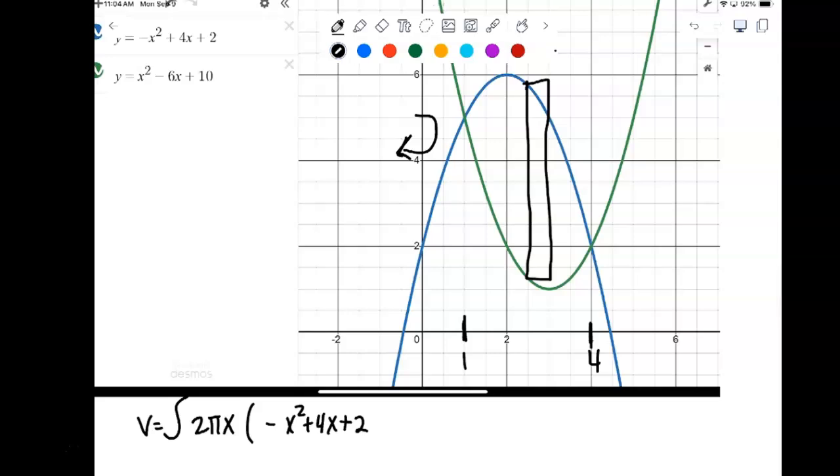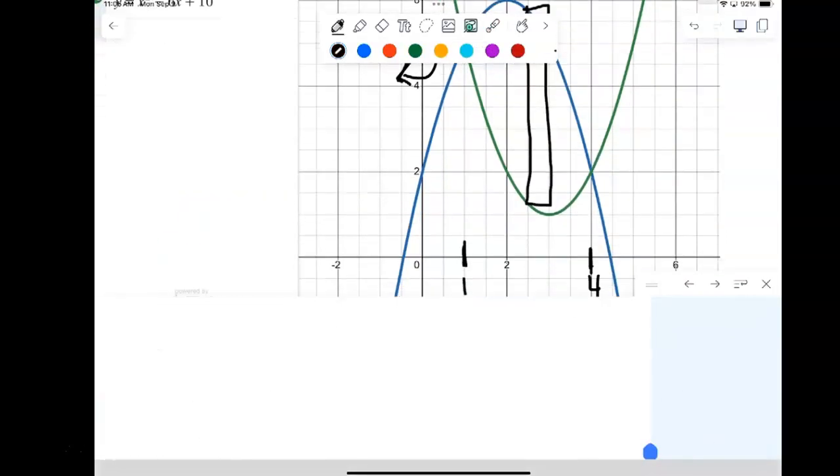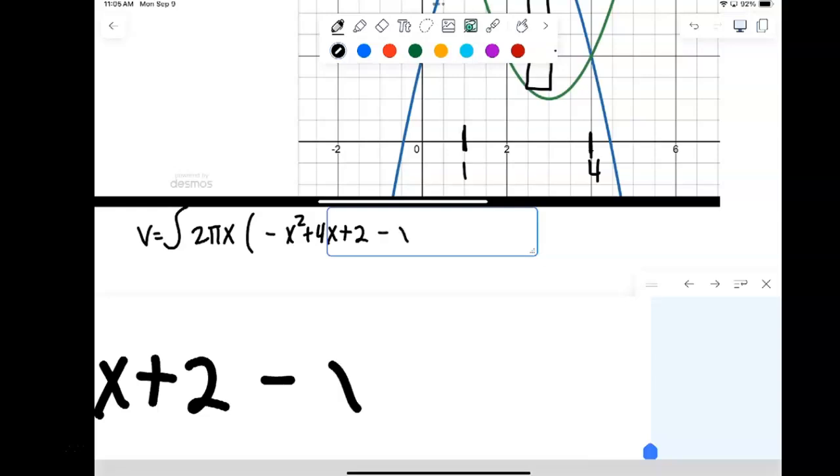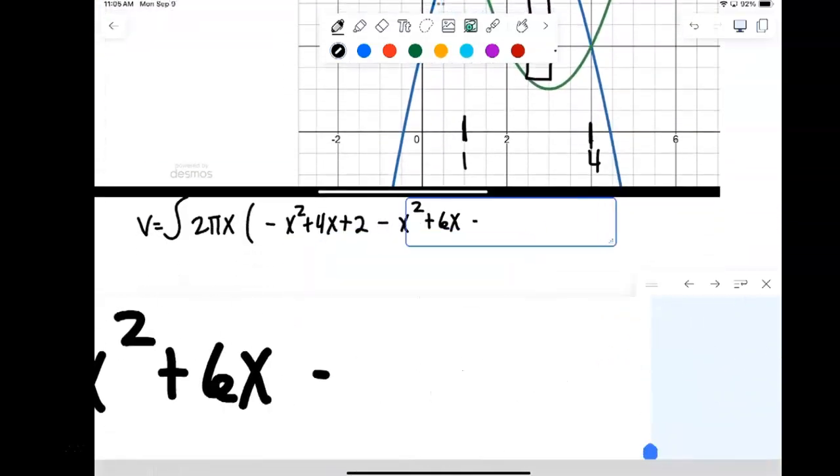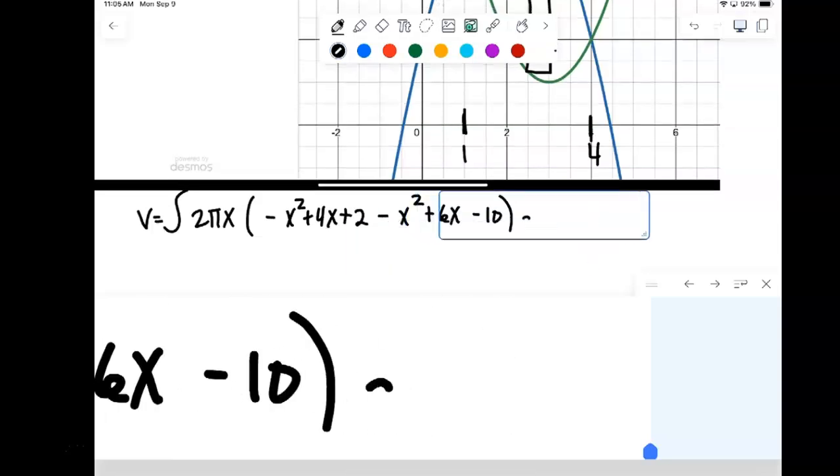The formula calls for minus the bottom function, so as I write this out I'm going to distribute the subtraction through, just to save me the trouble of writing the whole thing over again. So that becomes minus x squared plus 6x and minus 10, and dx. And so now we have it set up.